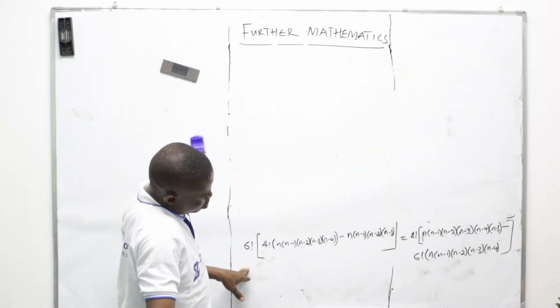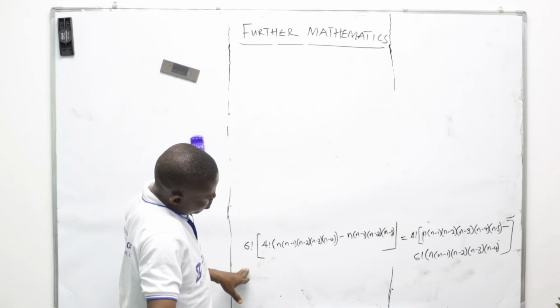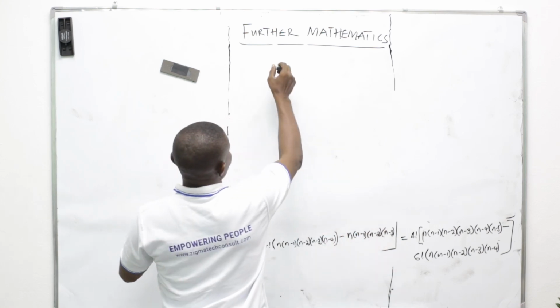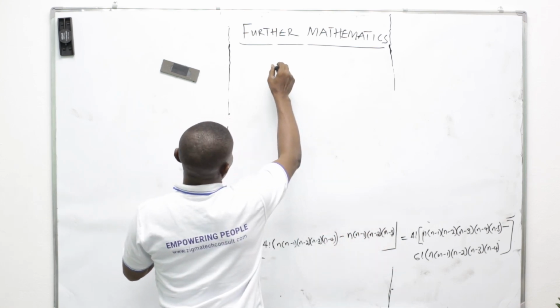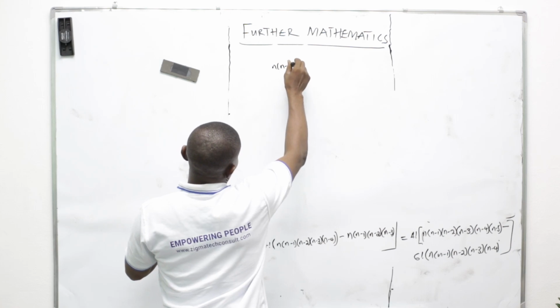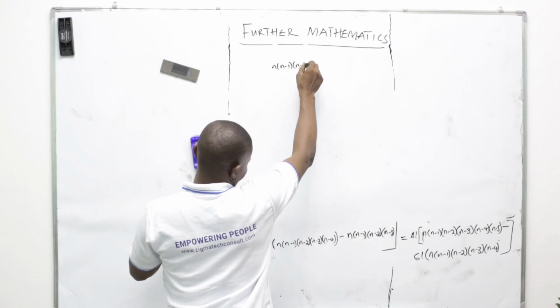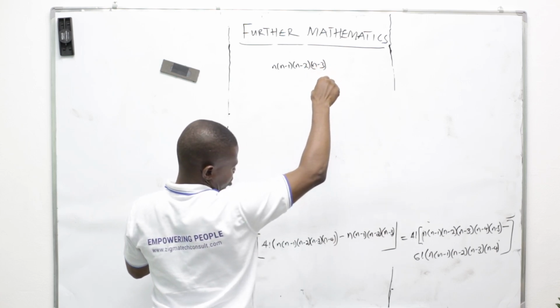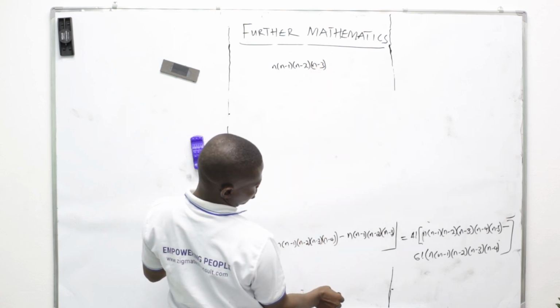Let's divide through by n into, dividing through by n into n minus 1, n minus 2, n minus 3, which is the smallest.